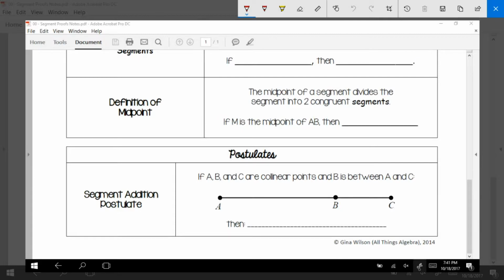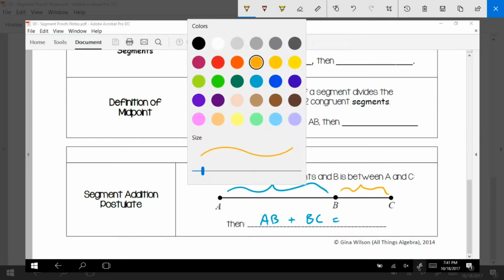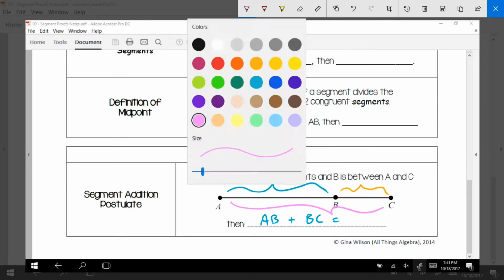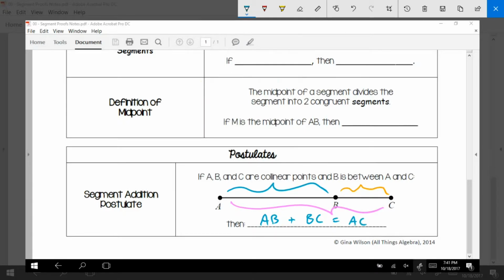It could be, but we know that it's somewhere between A and C. Then AB plus BC equals, what do you think? It equals AC, the whole thing. AB plus BC equals AC, which is the whole thing.